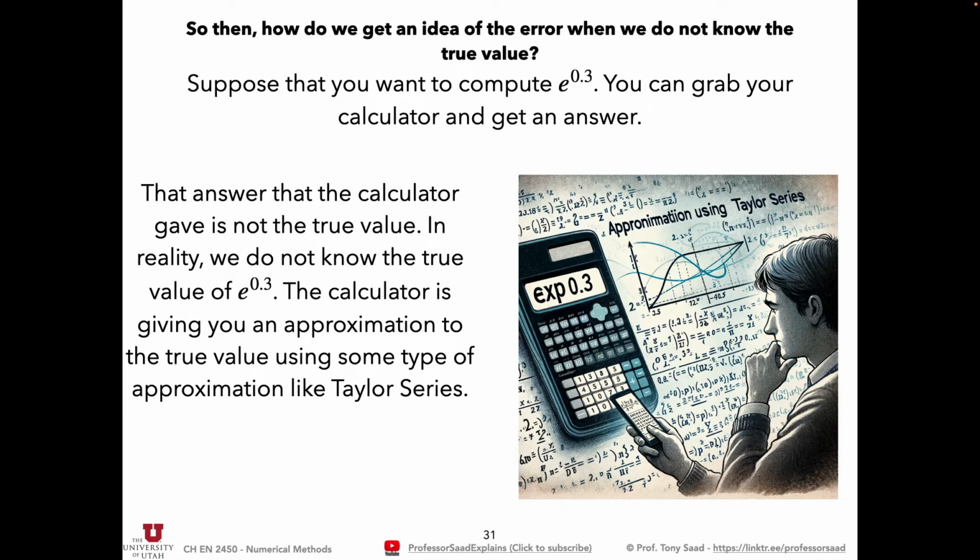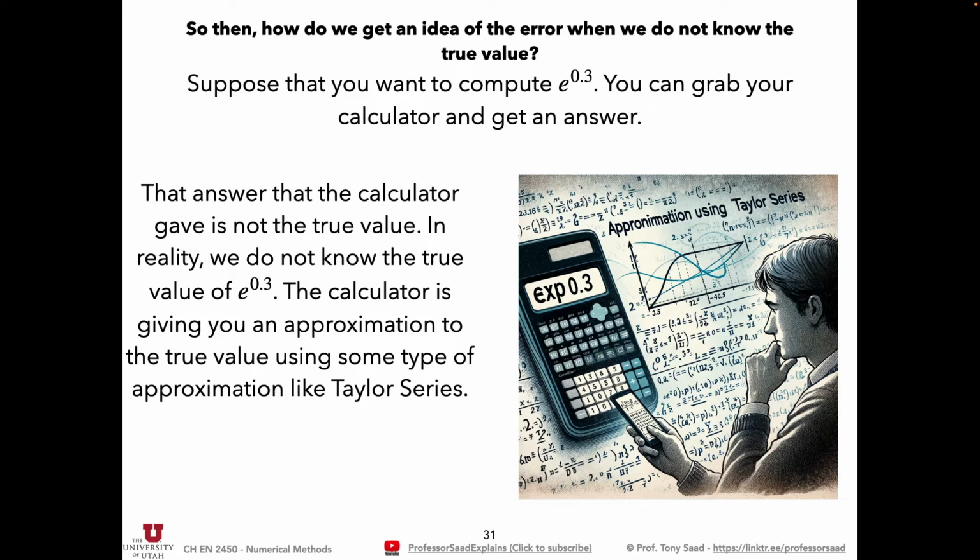We don't know how to evaluate the exponential. What your calculator is doing is using some form of polynomial approximation, like the Taylor series or some other polynomial that we're going to learn about. Why? Because in the end, all a calculator can do in numerical math is add and multiply, or just add and subtract.